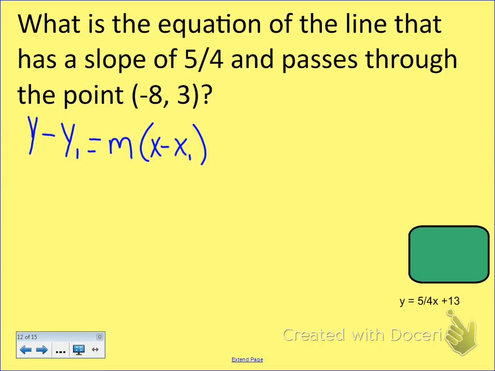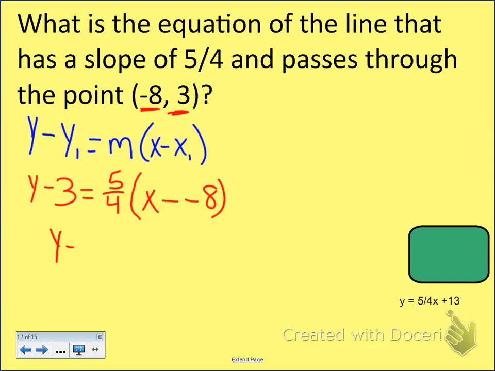Welcome back. So it's y minus our y value, which is 3, equals our slope, which was 5/4, times x minus our x value of negative 8. So y minus 3 equals, a negative negative here becomes a plus, a positive, and we distribute out the 5/4. 5/4 times x is 5/4 x, and 5/4 times 8, what is that again?